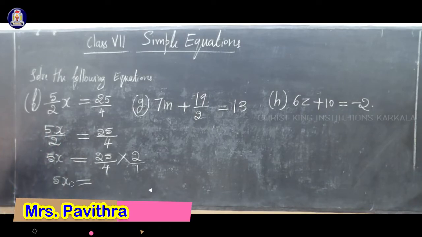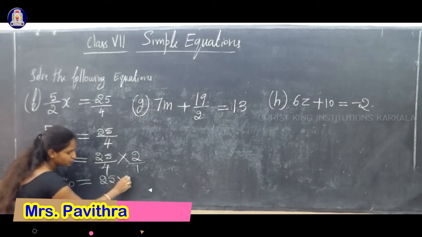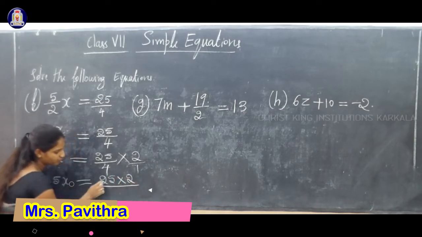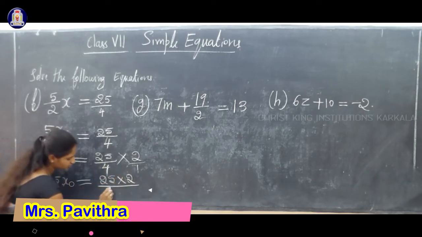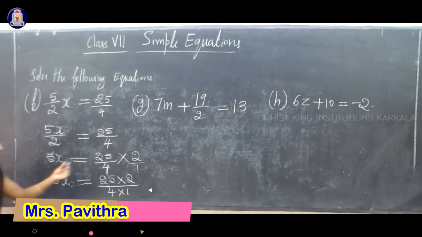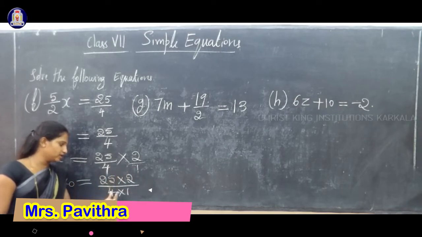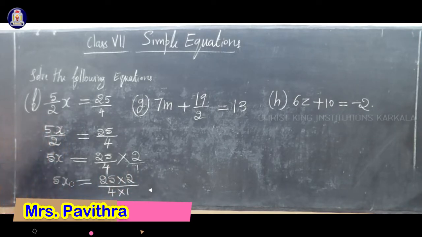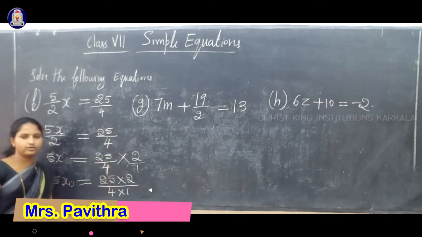So now what will we get? 25 and 2 are in the numerator, so we get 25 into 2, and in the denominator we get 4 and 1, which can be written as 4 into 1. So on the left hand side it is 5x, and 5x is equal to 25 into 2 over 4 into 1.